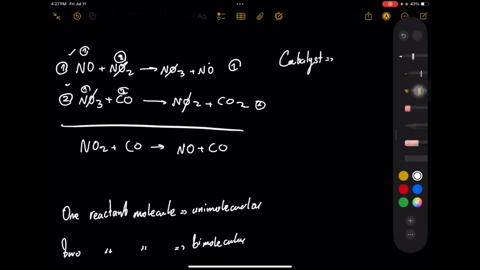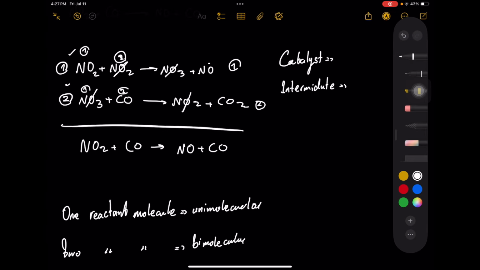And the species that is produced first and then consumed is called an intermediate. So notice that in this reaction, NO2 is consumed first and then produced again.